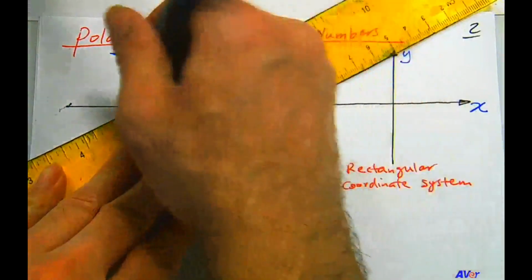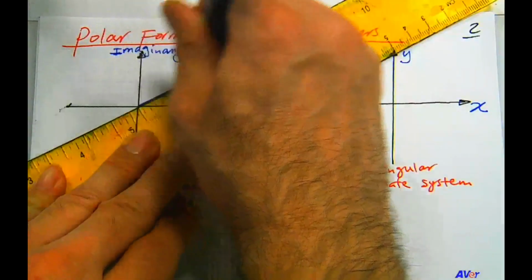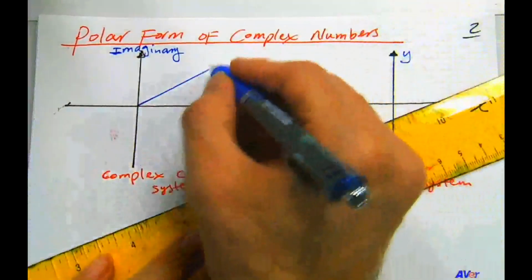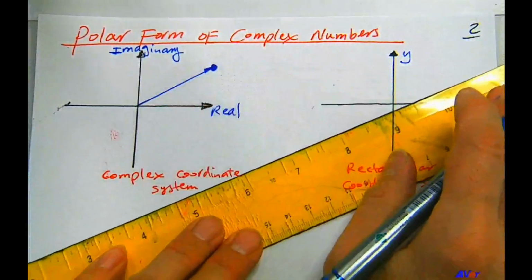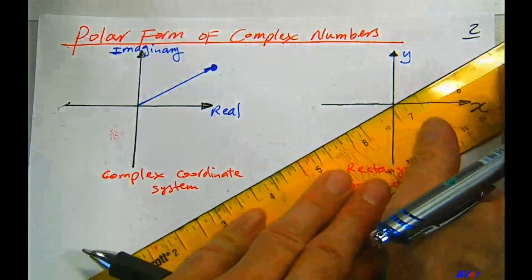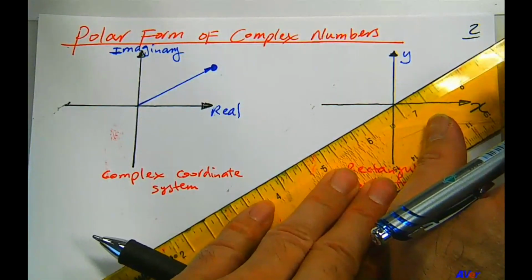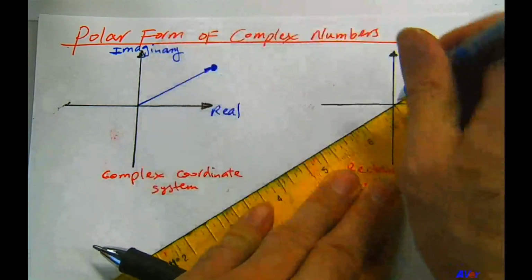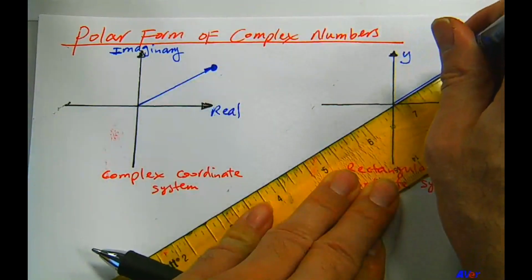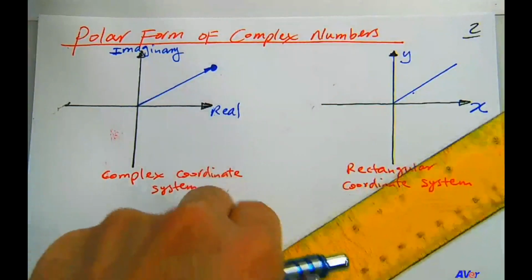I will draw it in the first quadrant, like that, and with a point at the end of it. And we have some angle, let's say the same thing within the rectangular coordinate system.